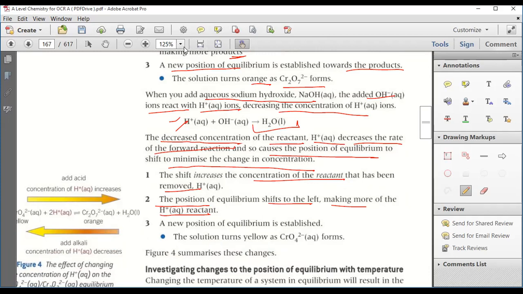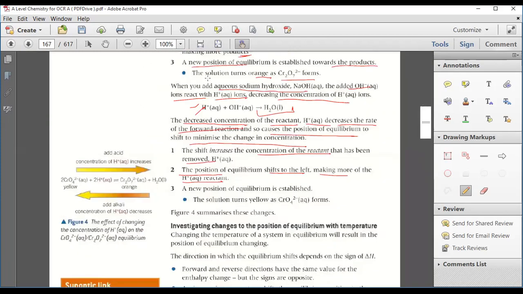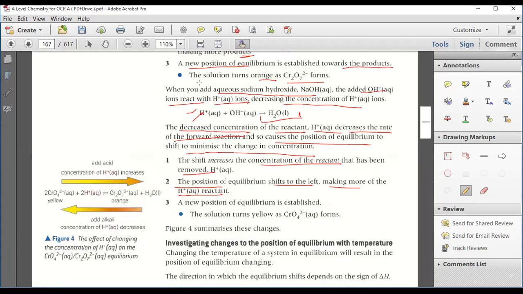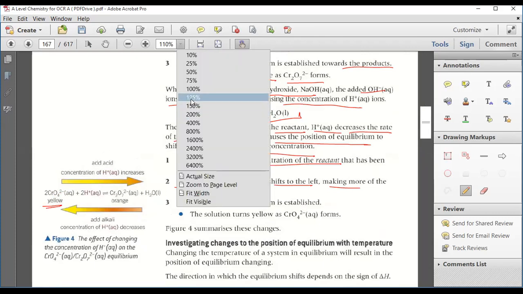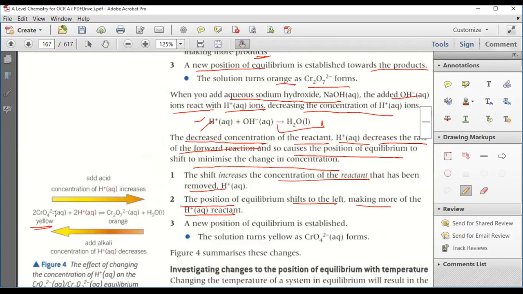Any doubt in this case? Now see, you have yellow color solution. I will explain this a little bit.